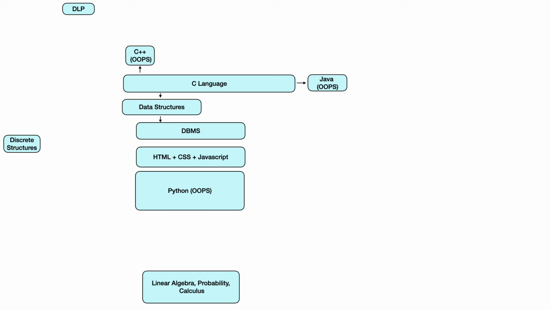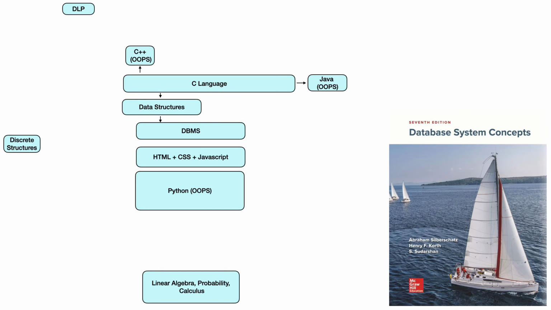And we also study concepts like query optimization, database security, distributed databases, and also non-relational databases like NoSQL. So the standard textbook is by Abraham Silberschatz, and this is one of the classic books in database management systems.